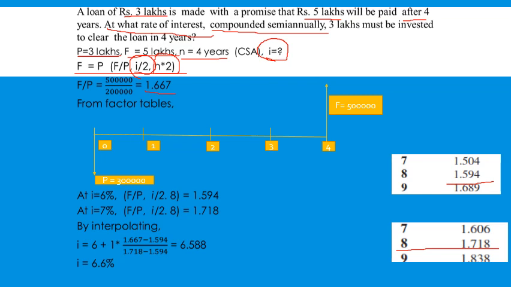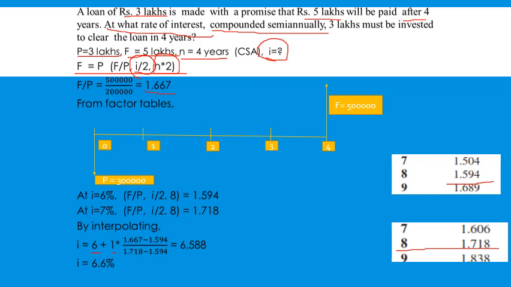See, 1.594 is more nearer to 1.667 and hence I have used 6 plus 1. What is this 1? The difference between 6 and 7. That 1 I have used here, multiplied by mid value minus lower value.